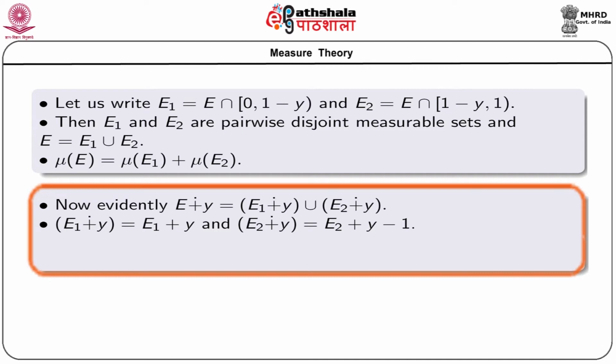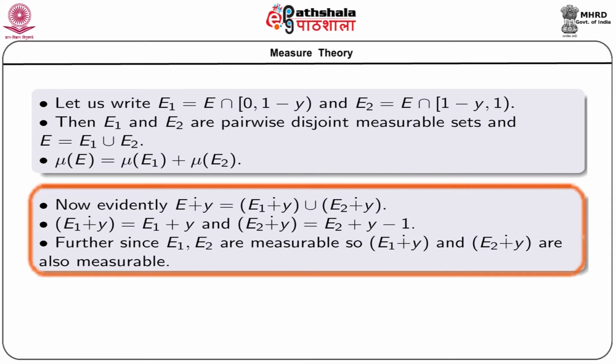So, I can think of the translates as usual translations with respect to the usual addition operation. In the first case, we consider the translation of E1 with the number y, and in the second case, we are considering the translation of the set E2 with respect to the number y minus 1.